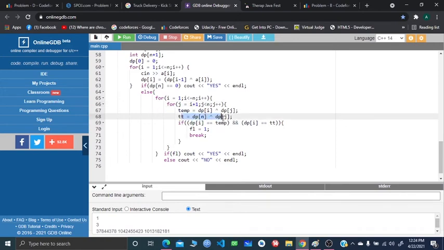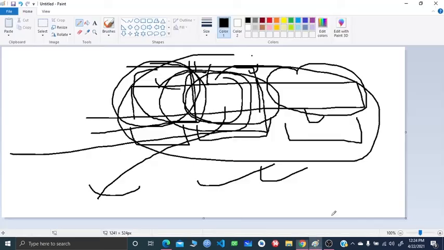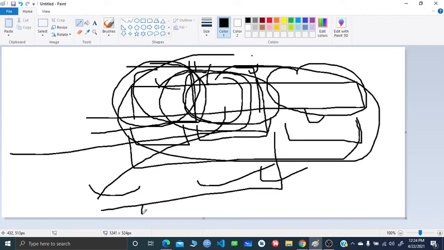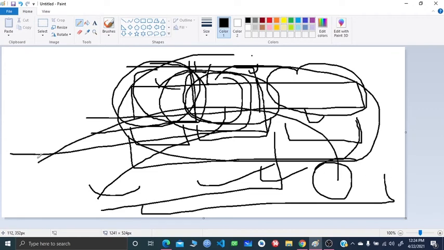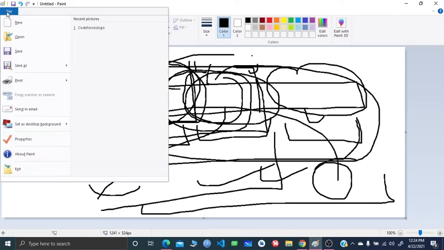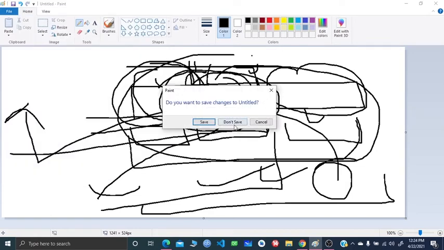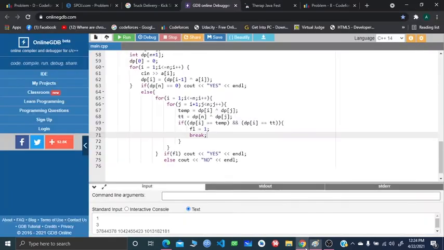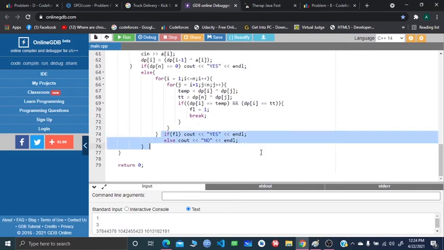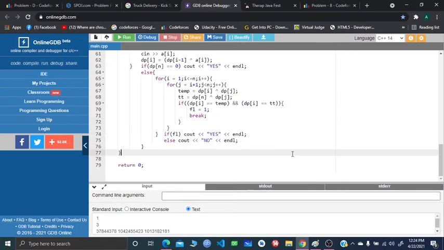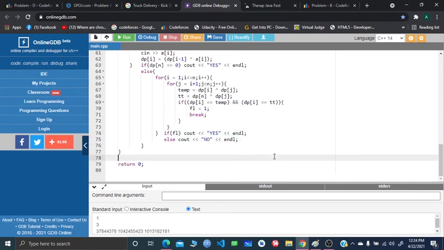That's exactly what it means: dp of n XOR with dp of j, which is nothing but, let's say this is n and this is j, if I do XOR, I get this part. Now I've got all of it. So finally, after looping, if the flag value is equal to 1, then the answer is yes, otherwise the answer is no.